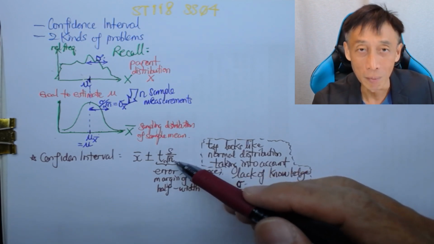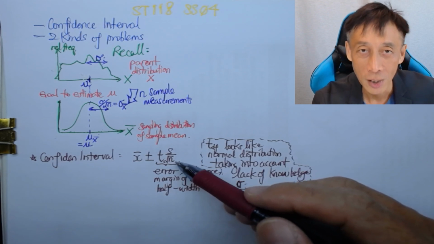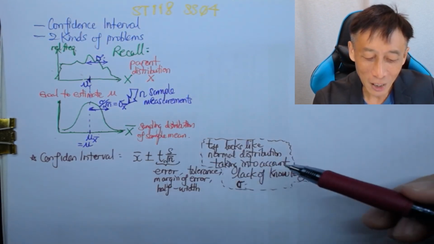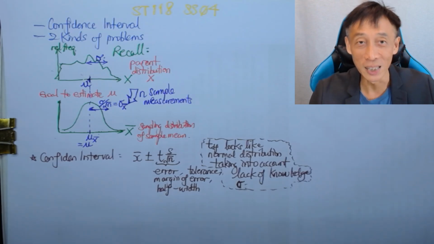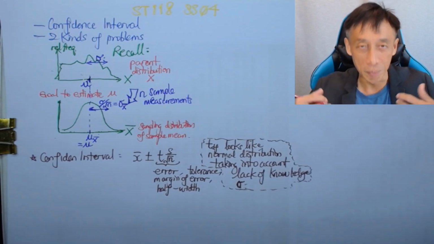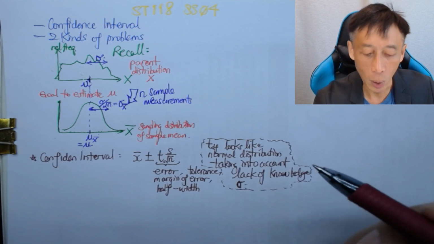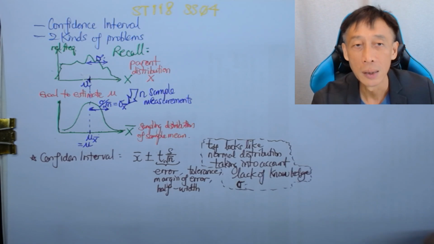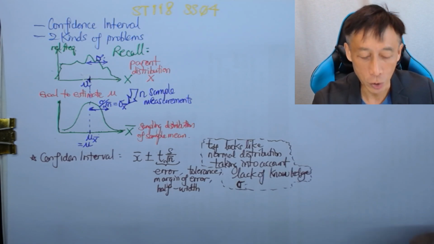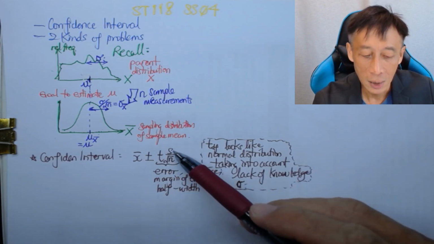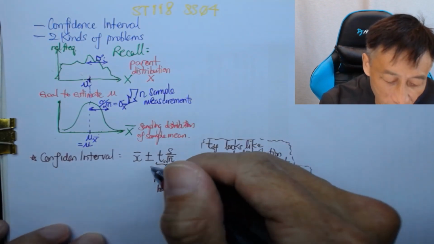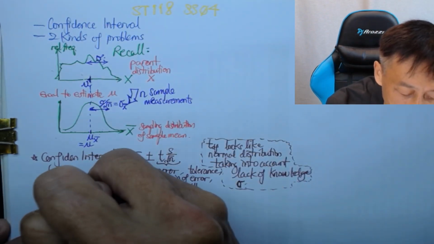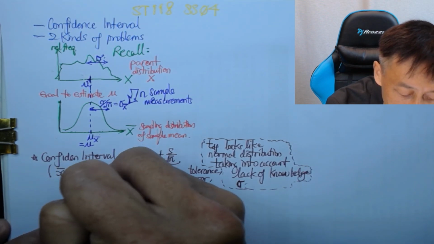N itself in practice is not large. So your lack of knowledge of sigma is to a very severe degree right now, right? We basically have no idea what's going on. That's why we cannot use Z in most situations. The normal distribution requires us to have knowledge. So I'm just going to put in brackets here. Sometimes we have this form as well.